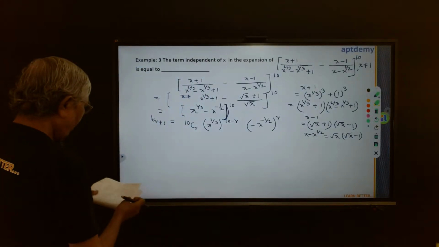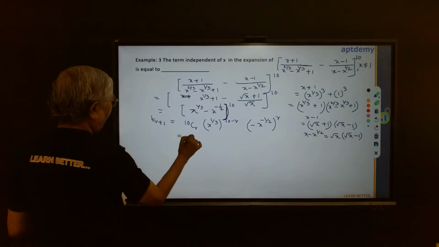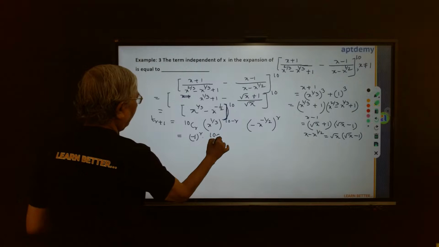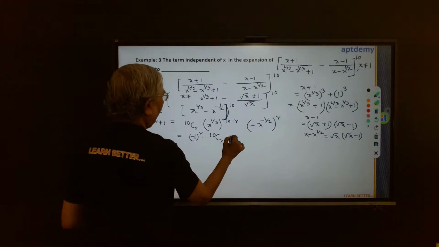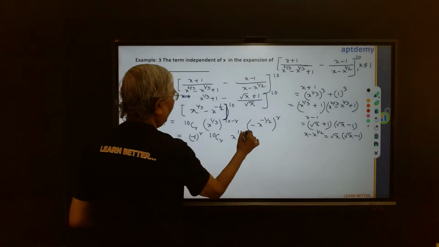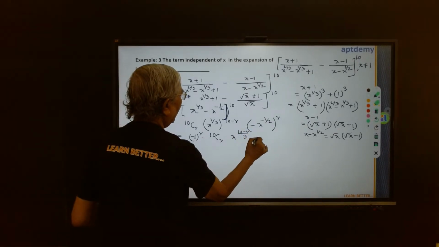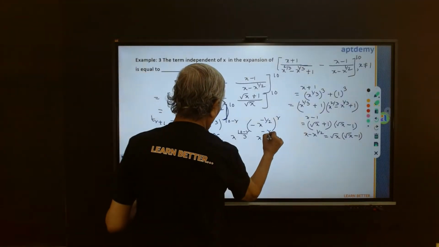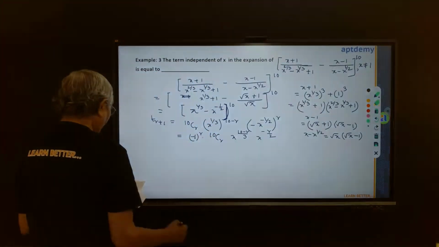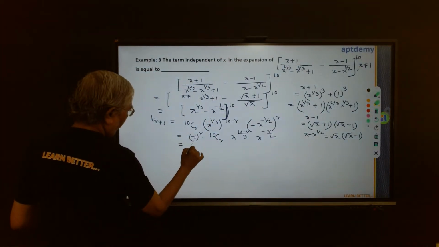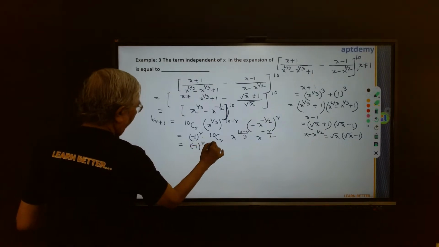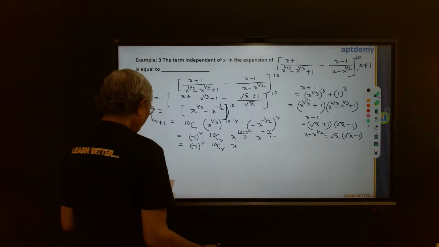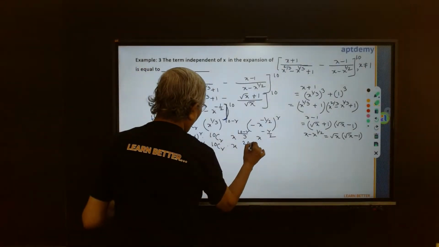So what we get is minus 1 to the power r into 10CR into x to the power (10 minus r)/3 into x to the power minus r by 2. Again, if you simplify this, this will be equal to minus 1 whole to the power r into 10CR into x to the power (20 minus 5r)/6.